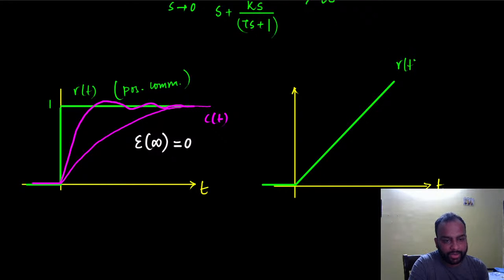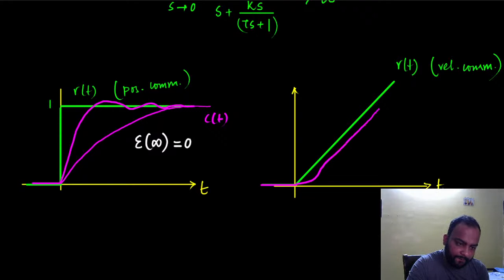So this is r(t) again, and this is the velocity command. Say the response is slightly oscillatory, just like that, and maybe the response looks like this, 0 here, and it will oscillate first. Now, this is the response of the system.